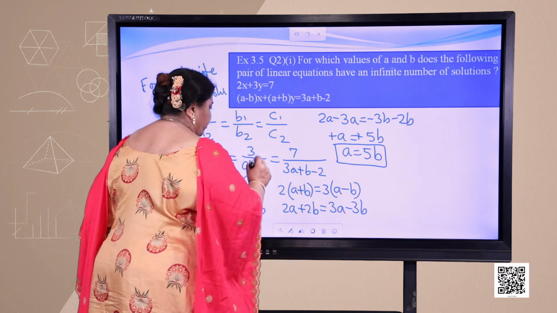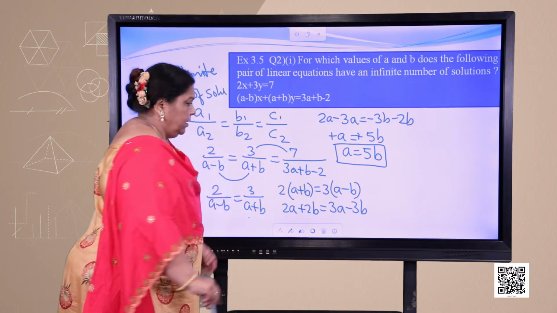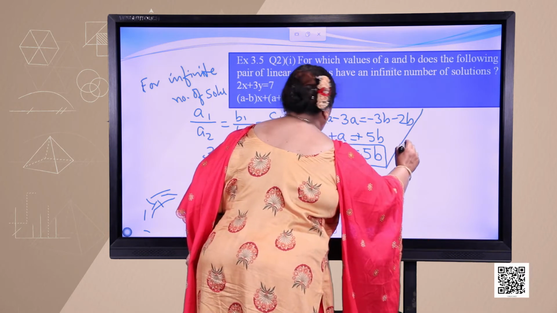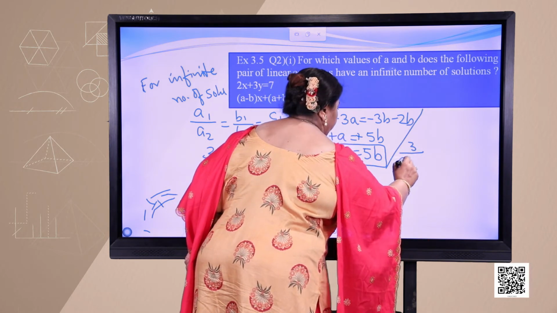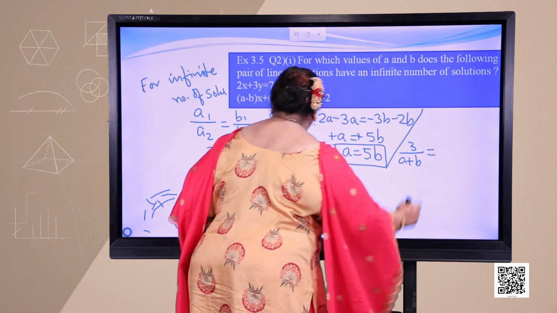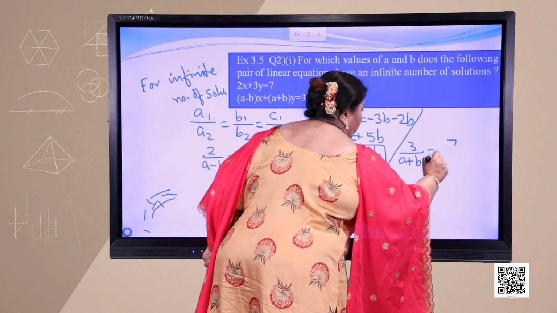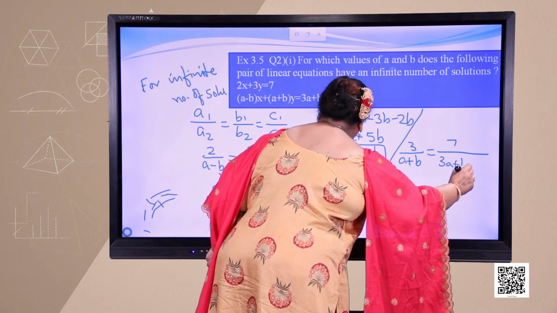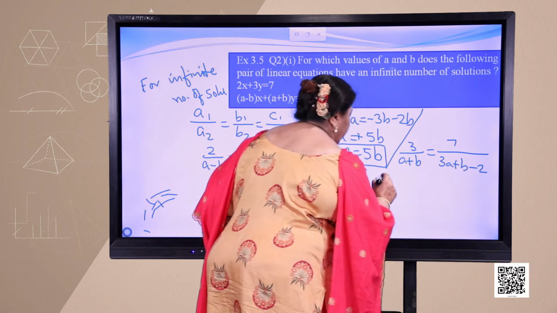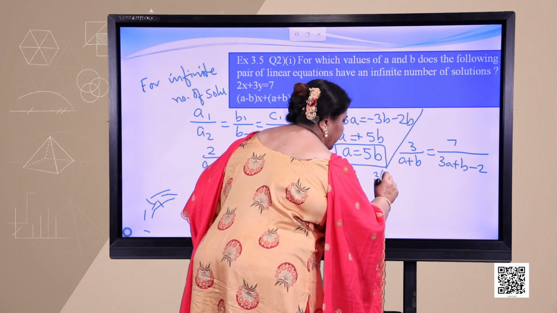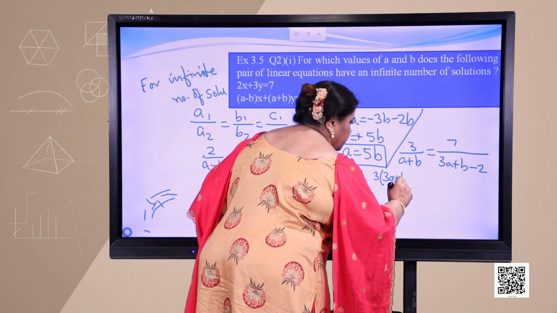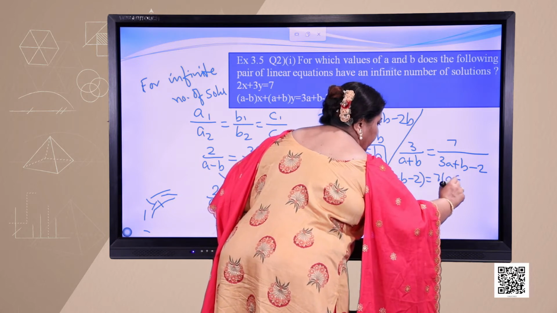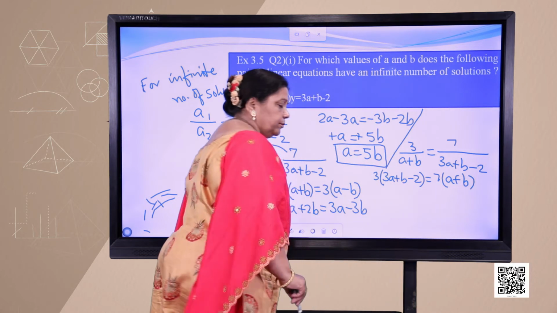Now, let us solve the other two parts to get the other relation. We have 3 upon a plus b is equal to 7 upon 3a plus b minus 2. If I cross multiply, I get 3a plus b minus 2 is equal to 7 into a plus b.